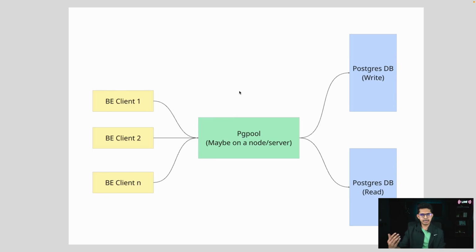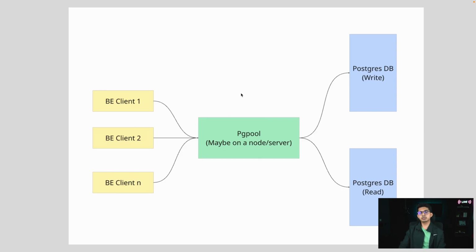All your backend applications, clients, workers will connect to Pgpool, that is booted as standalone, as Docker, as a container inside Docker Compose, and then it can connect to your multiple database instances, and all the logic and all the configurations that we just discussed can be configured here.